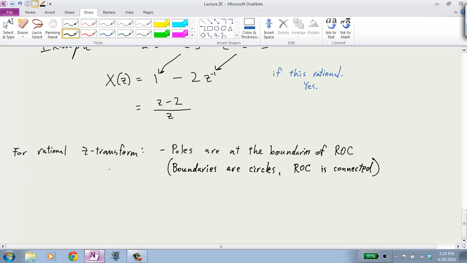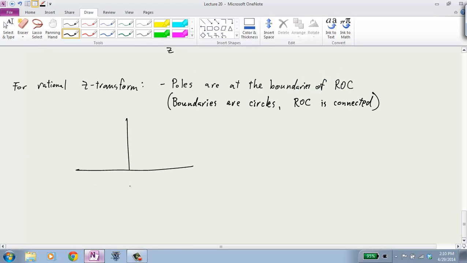For example, you might have something like this. Let's draw the unit circle just to give us some bearings. And you might have poles here and here, and you might have a pole out here, and you might have zeros here and here. The possible regions of convergence for these poles and zeros are found by putting circles where each of the poles are.